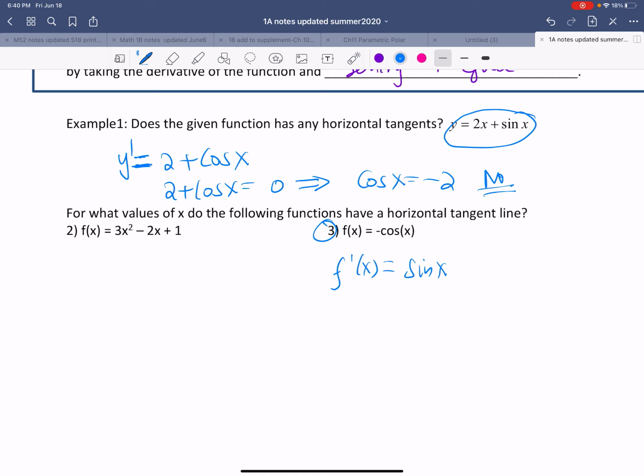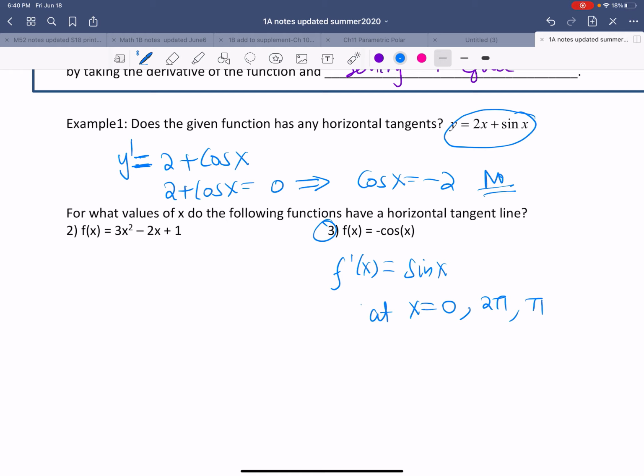Sine x will be 0 when x is 0. So at x equals 0, we would have a horizontal tangent. And again, at x equals 0 and 2 pi, so all those points, we would have a horizontal tangent whenever your sine x is 0.